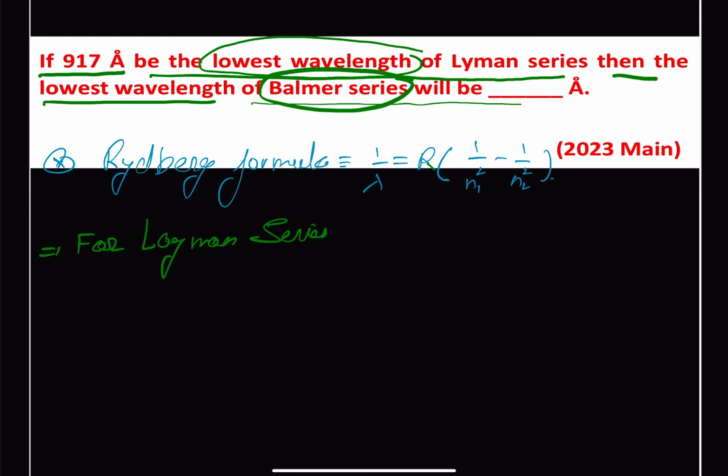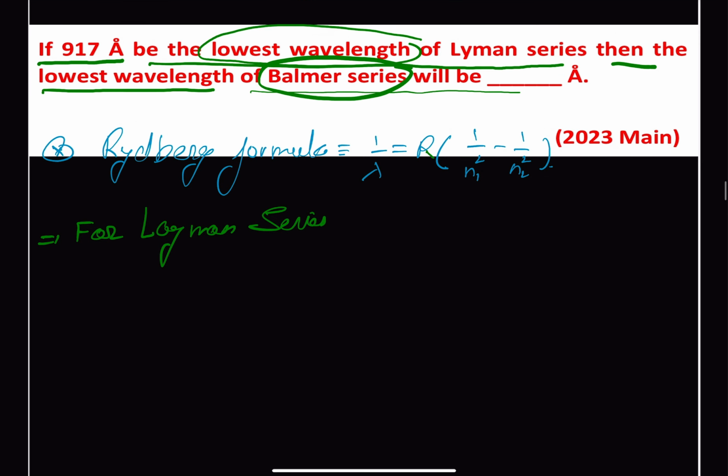For the Lyman series, we can write 1 upon lambda Lyman equal to R, with n1 equal to 1 and n2 equal to infinity.